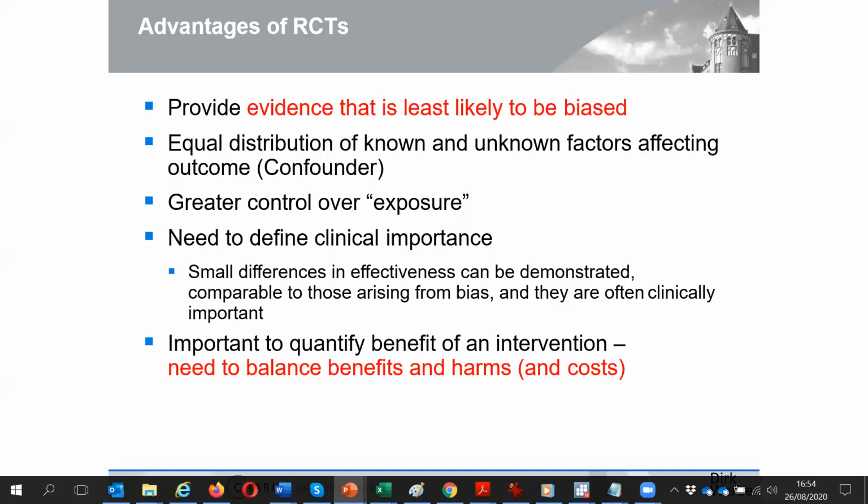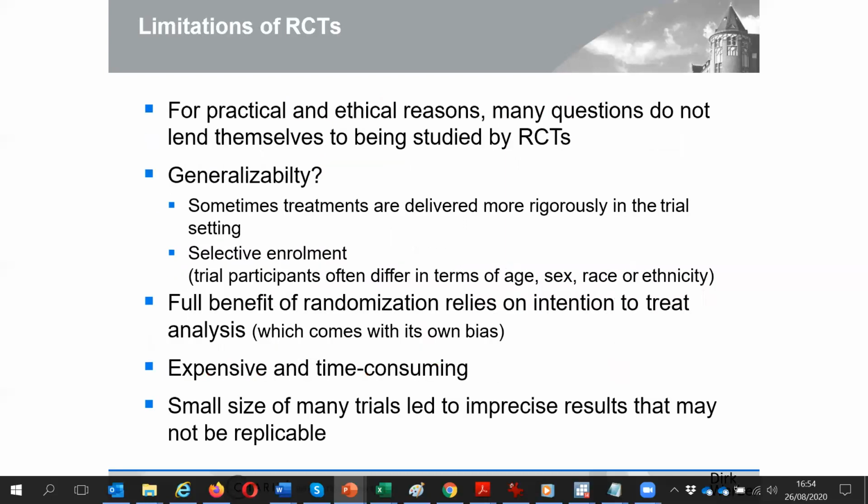It doesn't really mean you need to have a huge discrepancy. You might not see a meaningful difference, but the element of clinical importance or clinical relevance might alter your results. Then with RCTs, you can also quantify the benefit of an intervention, where you balance the benefits and the harm. So there's an element of cost-benefit analysis which also comes into play from RCTs.